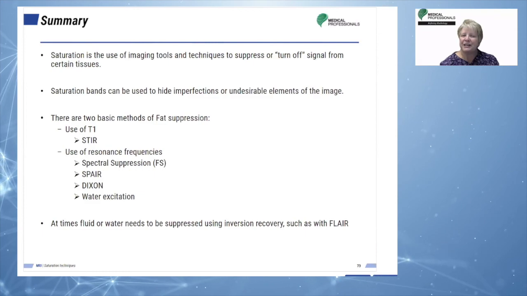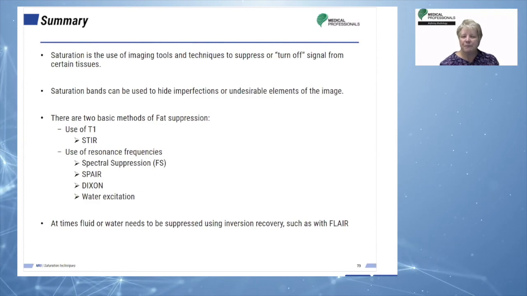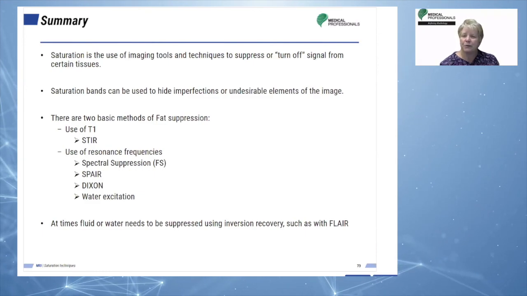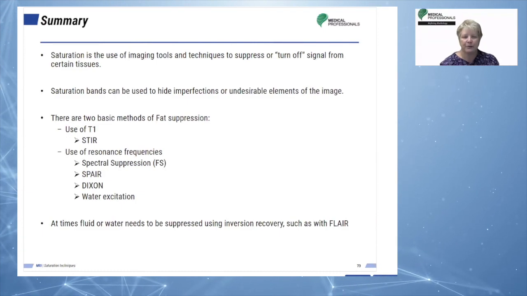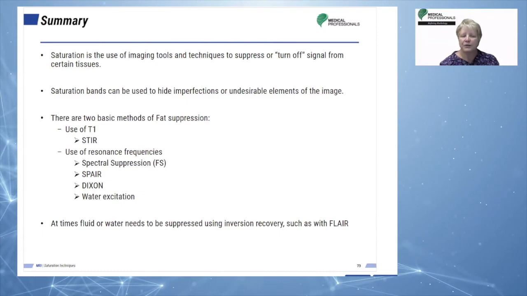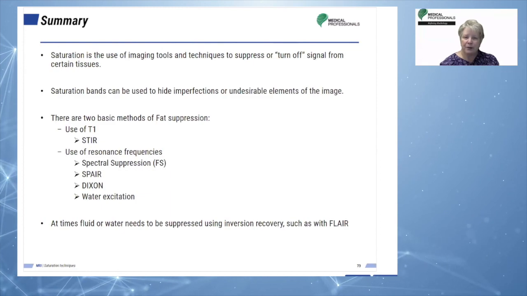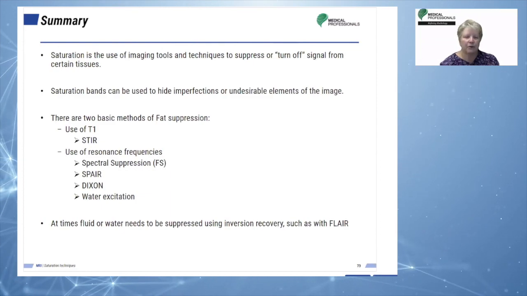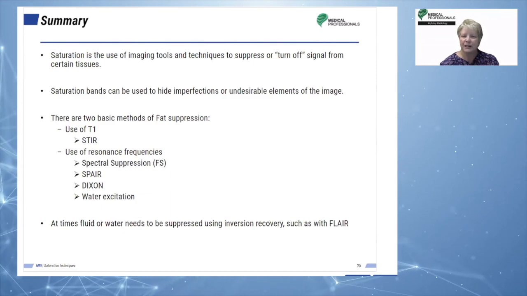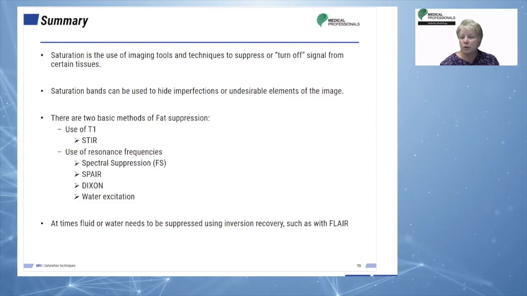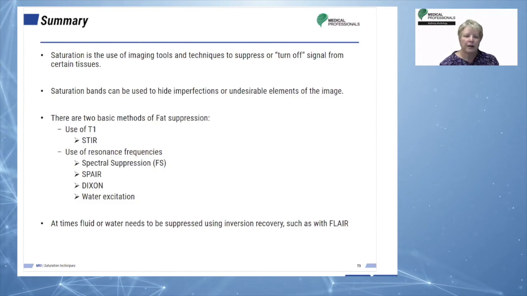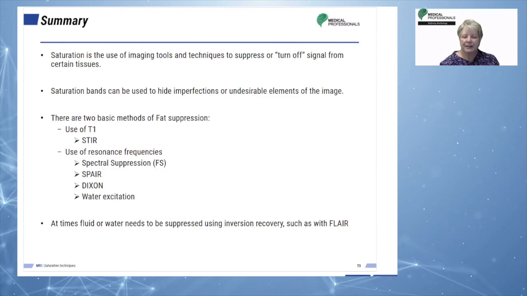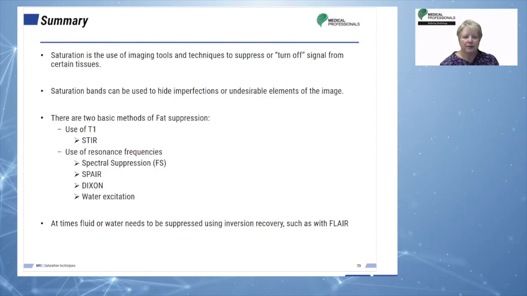Saturation is basically the use of imaging tools and techniques to suppress or turn off signal from certain types of tissue. We also learned that saturation bands can be used to hide imperfections or undesirable elements of an image. Some examples of that might be motion or flow. There are two basic types of fat suppression that we talked about.